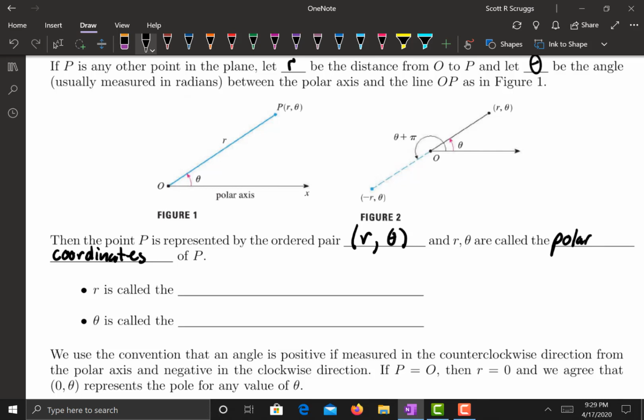And now let's go ahead and do some terminology. For the value r, what I'm going to use to refer to that is called the radial coordinate.